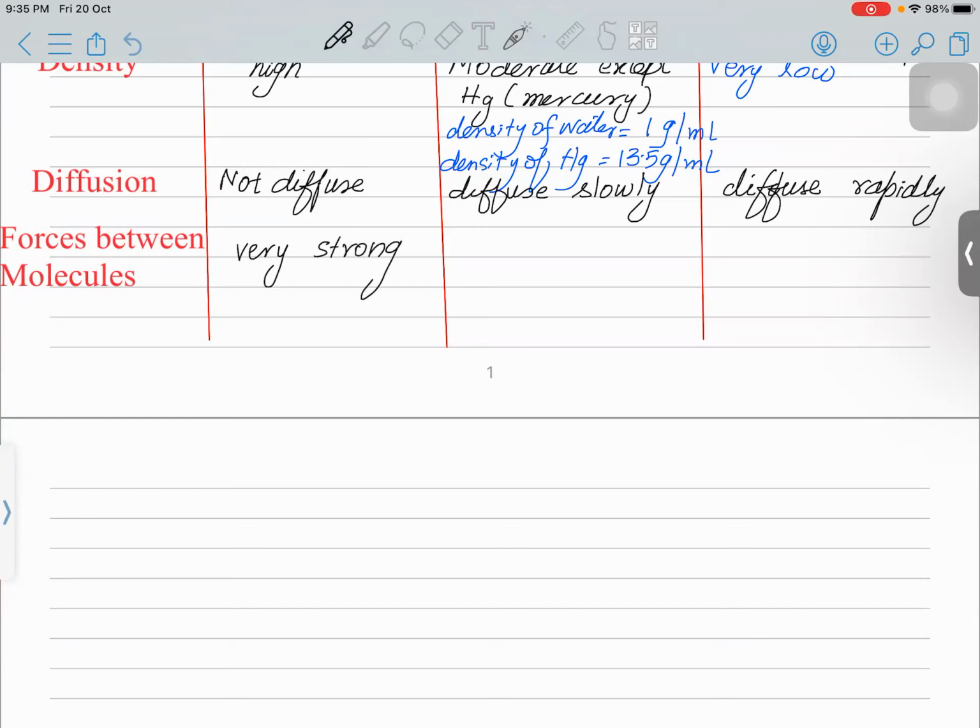Liquid has weak, and gas has weakest force of attraction.